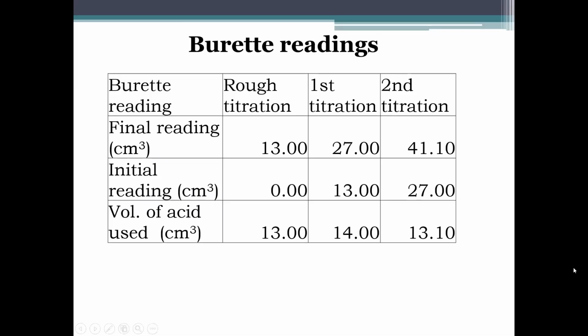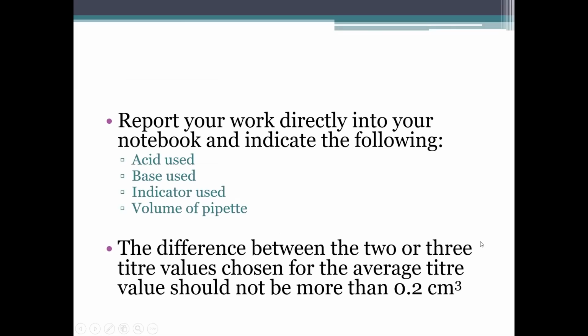But note that you must have an agreement between your titer values. And one thing you need to note is that you must record your work directly into your lab notes. You don't have to write it on a piece of paper and transfer. You must write it as you are doing your work, and while you are in class, effort mark will be given.